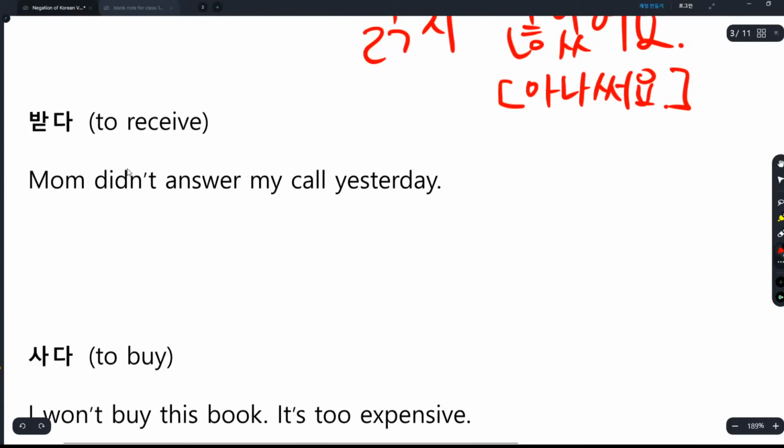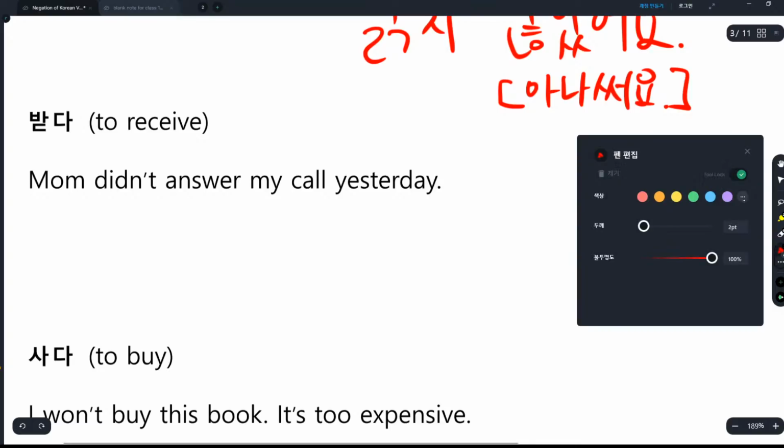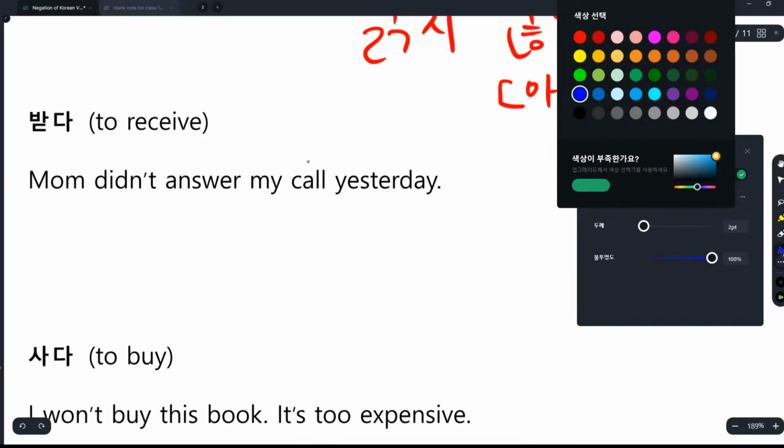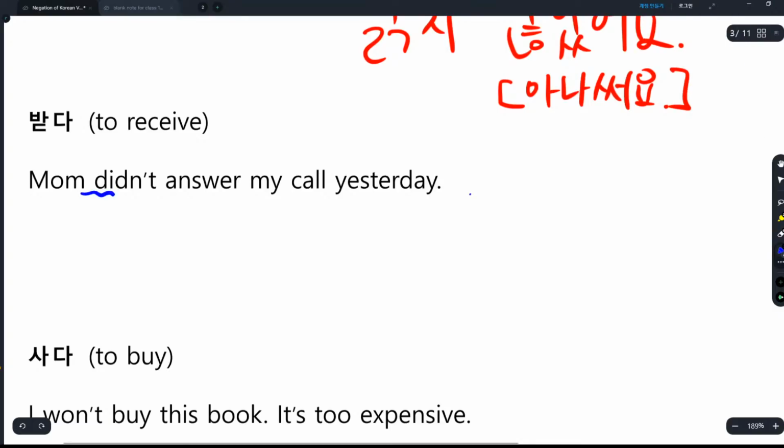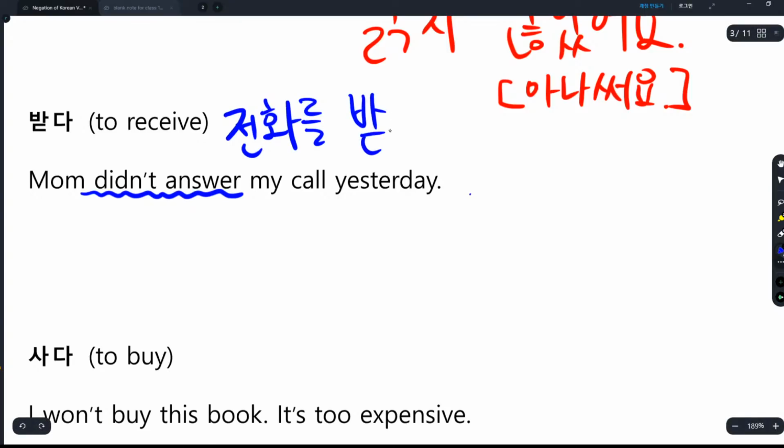How about Mom didn't answer my call yesterday. So this is also past tense, negative form, right? And to answer one's call, guys, we say to receive a call. So you can just say 전화를 받다 for answer my call.